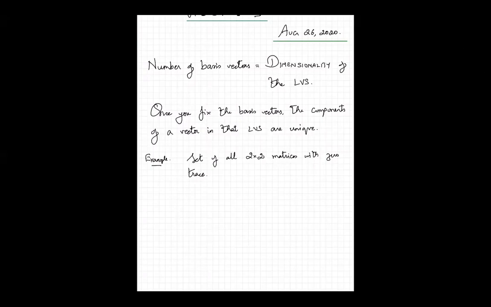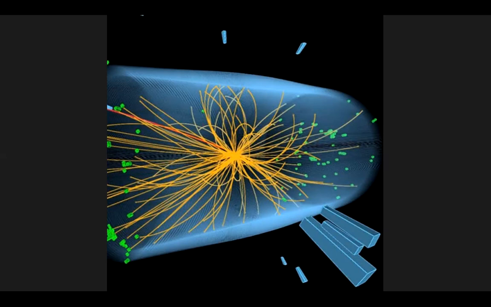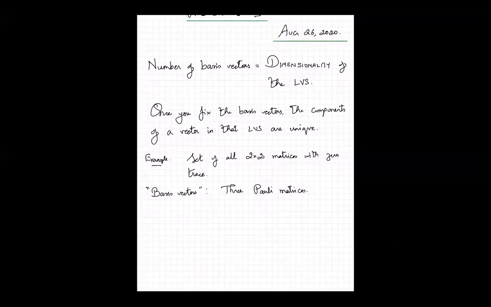The 3 Pauli matrices are given by, if you have not seen them before: sigma 1 is [0, 1; 1, 0], sigma 2 is [0, -i; i, 0], and sigma 3 is [1, 0; 0, -1].